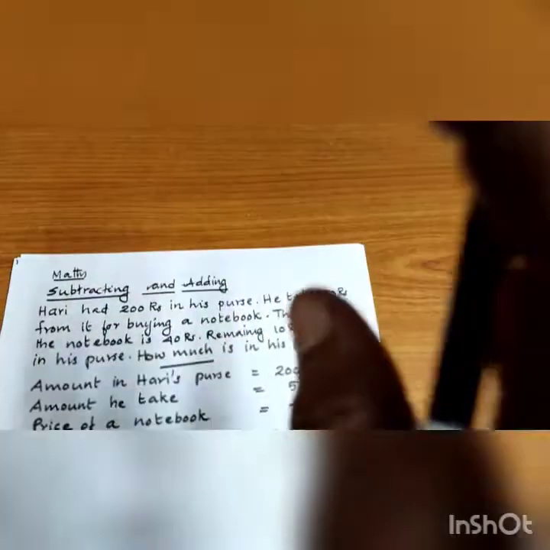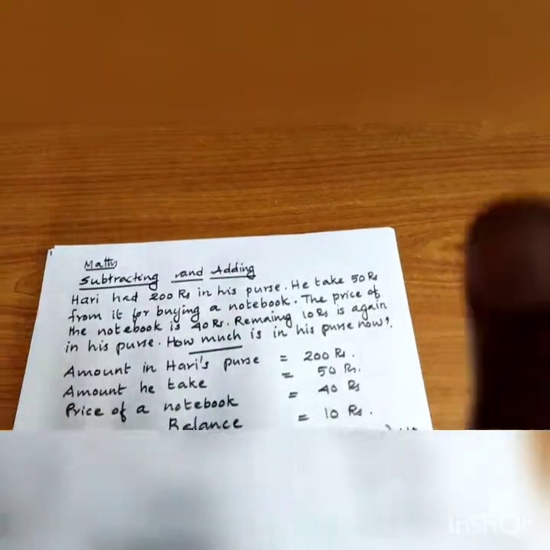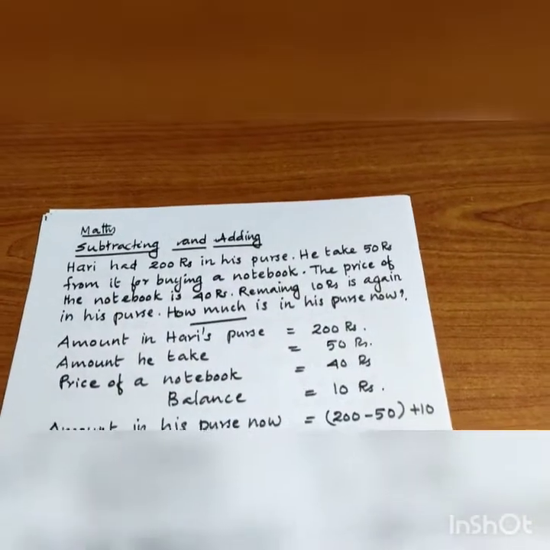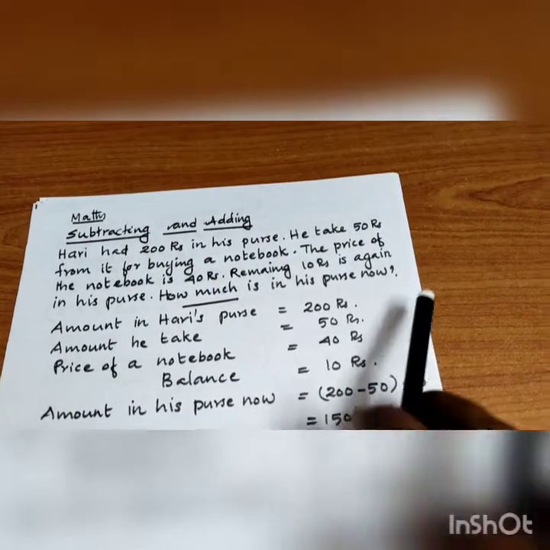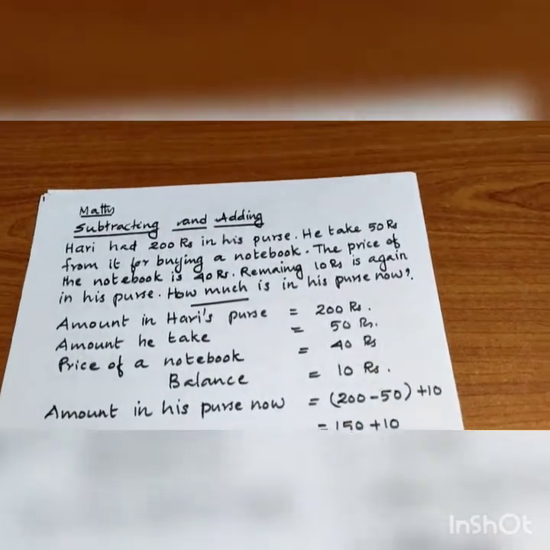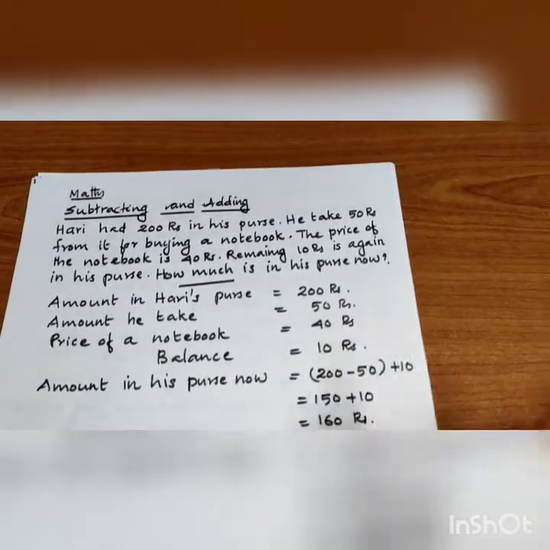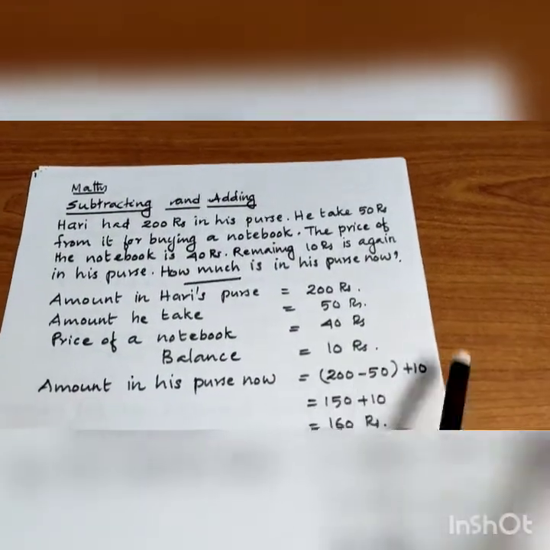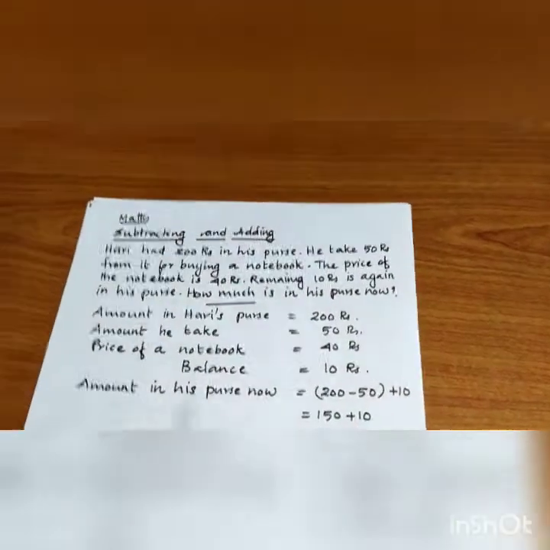That means 150 rupees. He took 50 rupees. The price of a notebook is only 40 rupees. The shopkeeper gave back 10 rupees to him. He put it in that purse. Therefore, in the purse there are 3 50 rupee notes plus 10 rupees. That is 160 rupees.